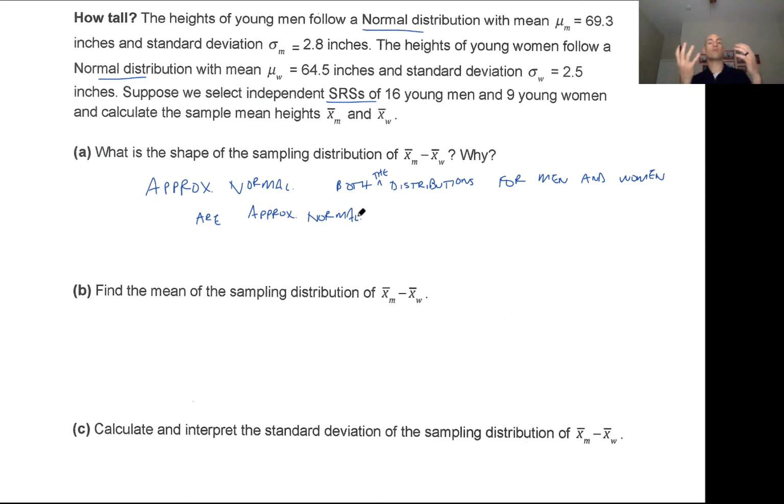So because both of them are normal, we can assume the shape of the sampling distribution for the difference in those means is going to be normal.